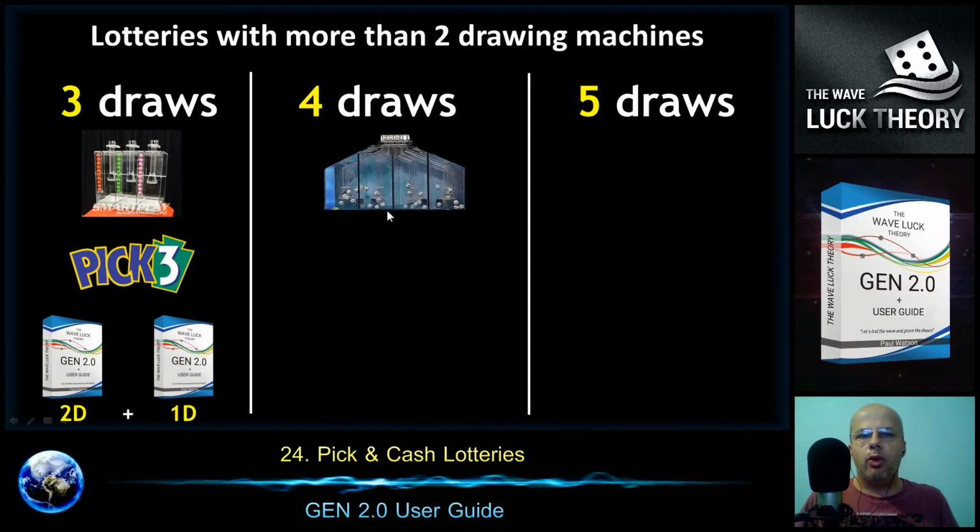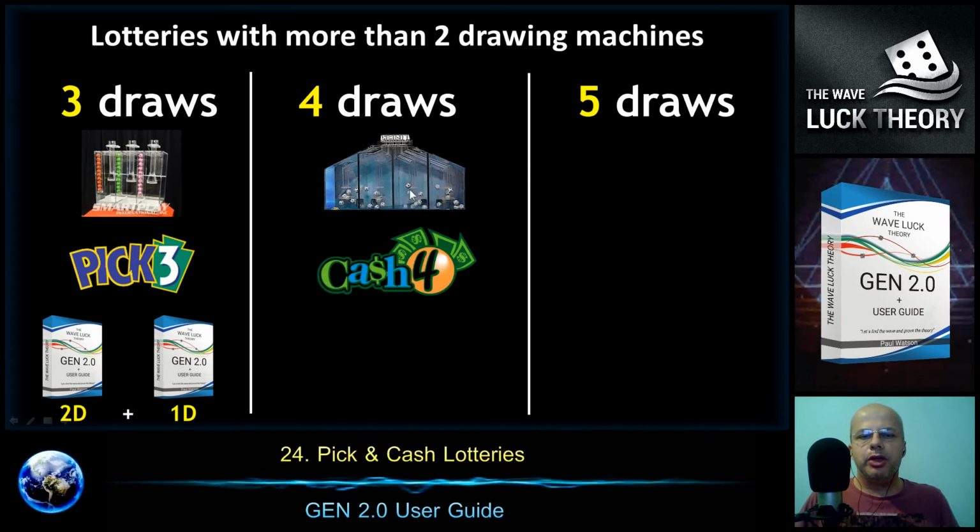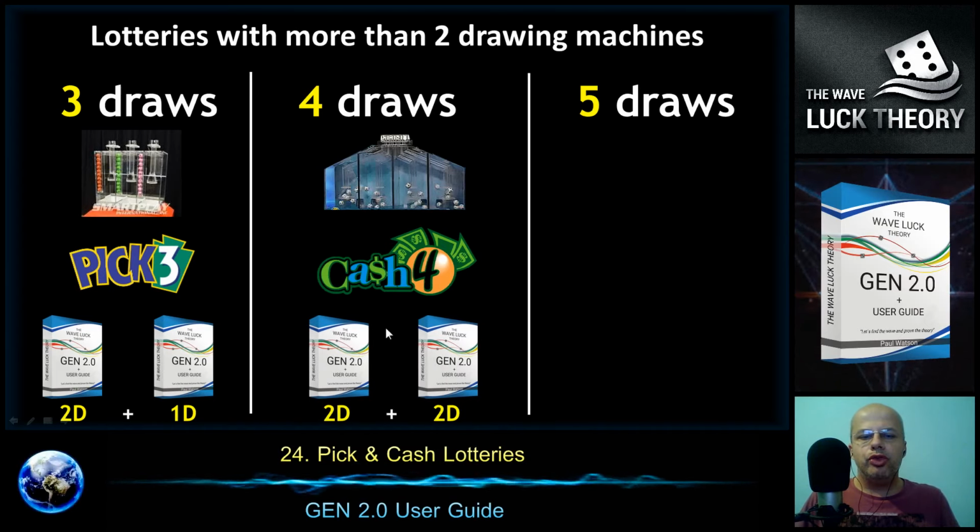Then with the 4 drawings you can see we have 4 independent barrels, and an example is cash 4, and for this we need again 2 genes, and each one is simulating 2 independent draws.